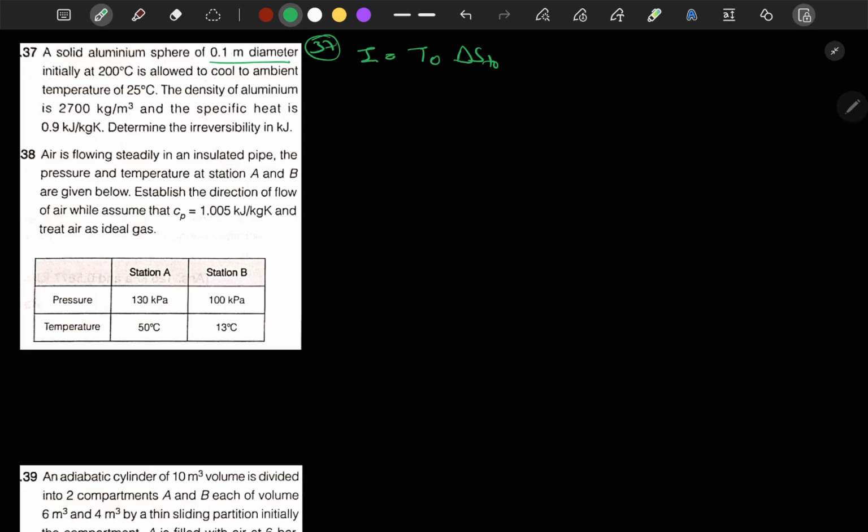Irreversibility you can directly write as I is equal to T naught into delta S total, since it is a single system and the state of the system will change. This delta S total can be calculated for a finite mass as m c ln T2 by T1. Mass is not given, so we calculate mass as rho into volume, density into volume.